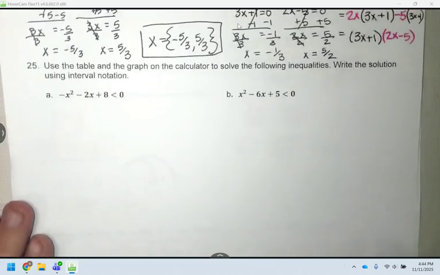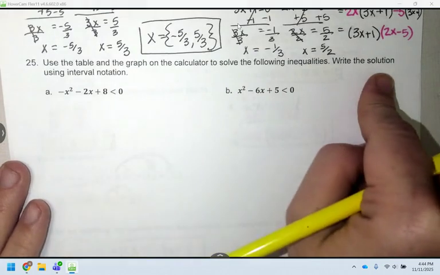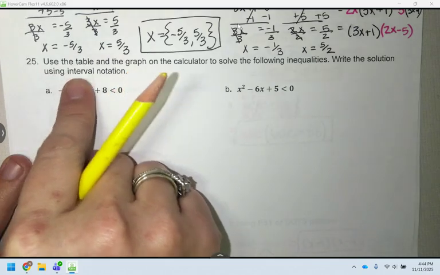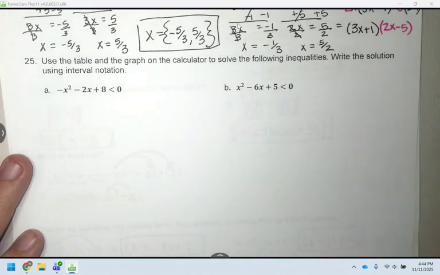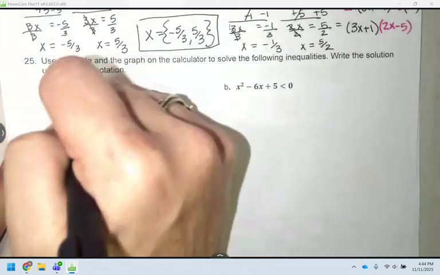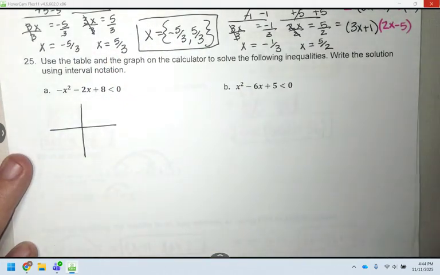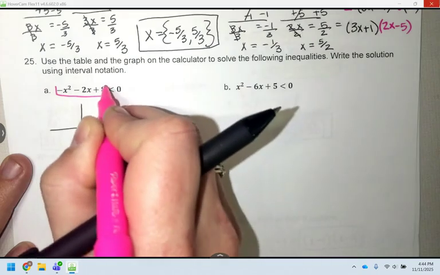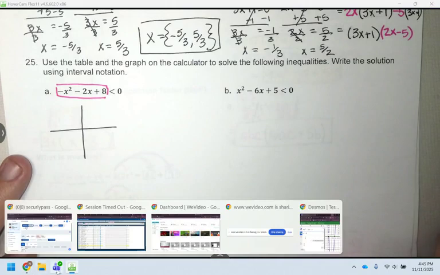All right, number 25, use a table and graph on the calculator to solve the following inequalities. Write the solution using interval notation. Okay, so what we're going to do is just draw a tiny little sketch. So draw yourself an XY axis. We want to get a picture of this.